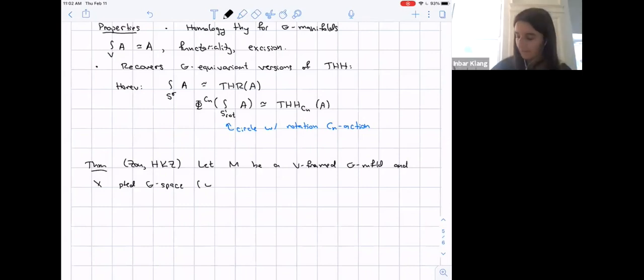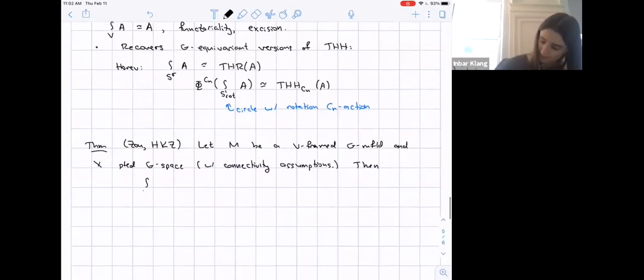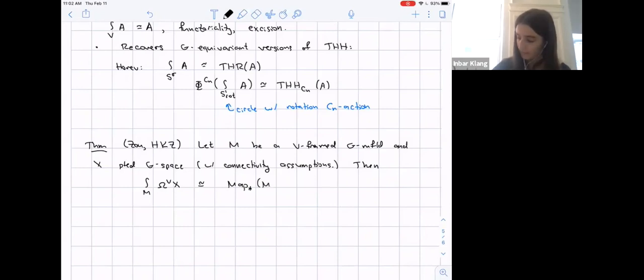And we'll have some connectivity assumptions on this space X. Then if you take factorization homology of M with coefficients in Omega^V of X, then you get the space of compactly supported maps from M into X. And this is as G spaces.